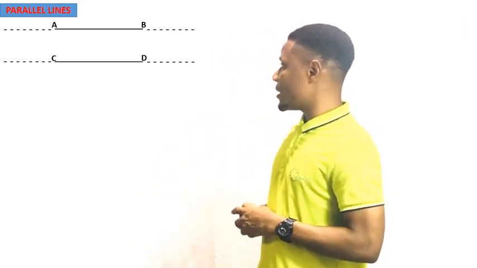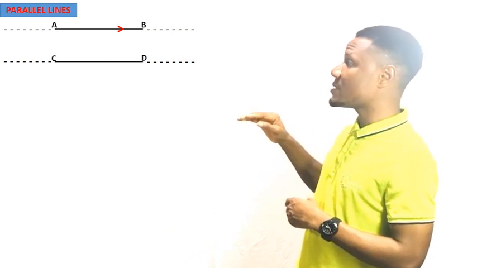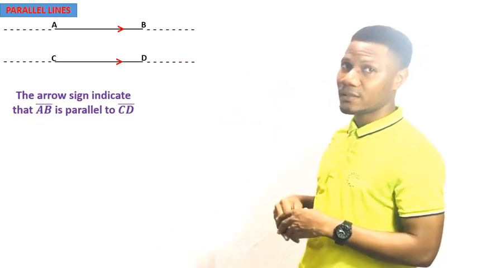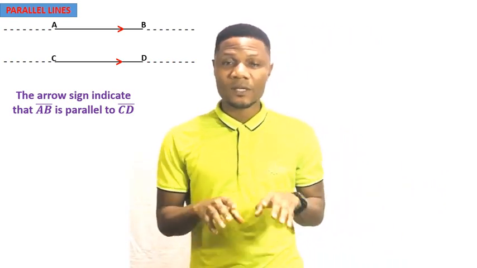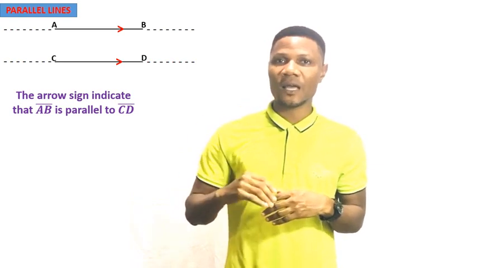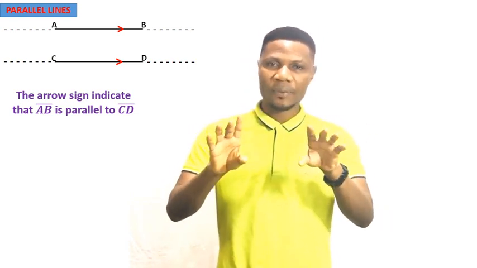For instance, in the line AB and CD we have above, you will see an arrow sign on the lines. What does that arrow mean? It means line AB is parallel to line CD. So in most cases, you will always see it in that form. There's an arrow line that is always drawn on the lines to show that they are parallel.